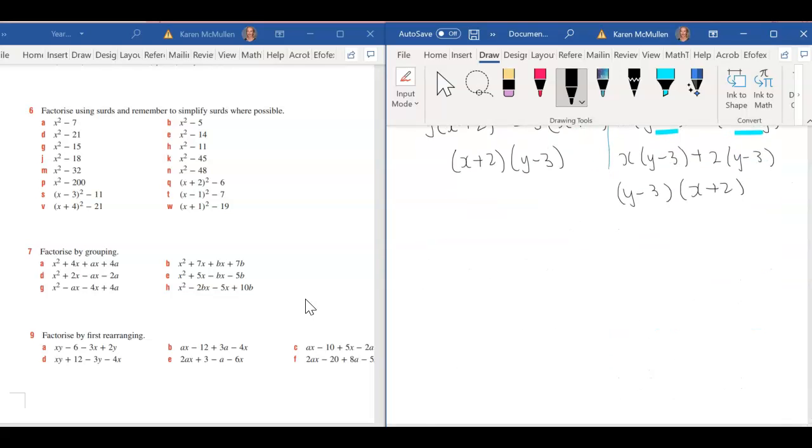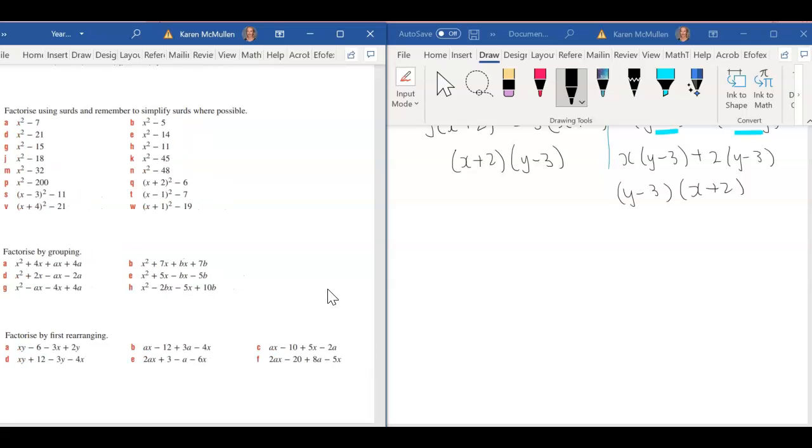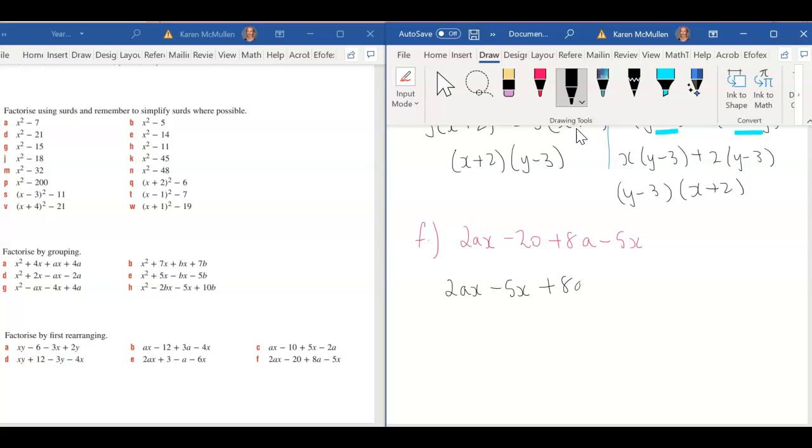All right, maybe we'll do one more. Let's do F. 2ax minus 20 plus 8a minus 5x. All right, it doesn't matter which ones you switch, but I am going to stick with the way that I always do it.